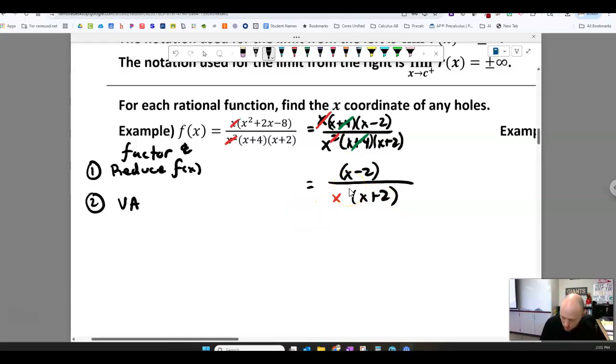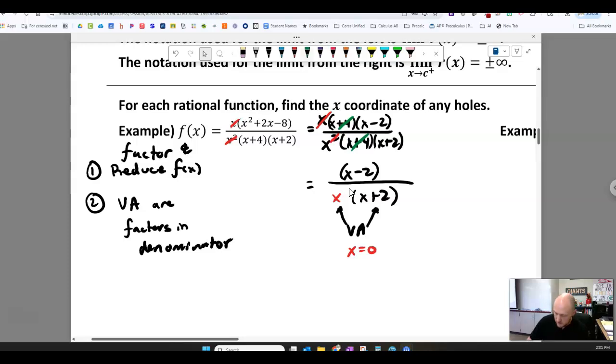Your vertical asymptotes, which I'll abbreviate as VA, are factors in the denominator. So we're going to have vertical asymptotes from these factors. x equals 0 is a vertical asymptote. We have x plus 2, which gives us a vertical asymptote at negative 2. Those are vertical asymptotes.